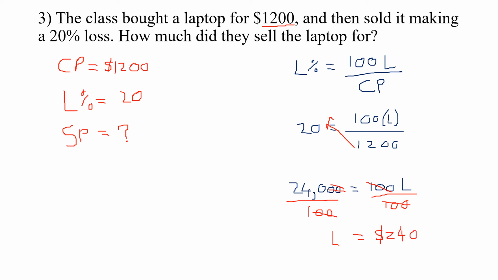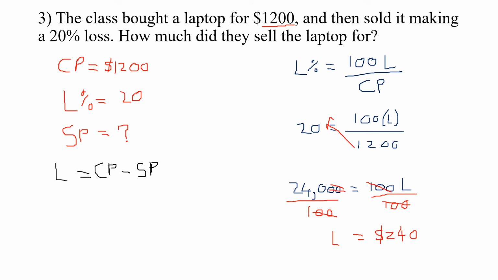Easy does it. $240. That is how much I lost. So the 20% loss is equivalent, in terms of cash, to $240. So if I know that I lost $240, I can find my selling price. I will go back to the loss formula. I know that loss is equal to cost price minus selling price.